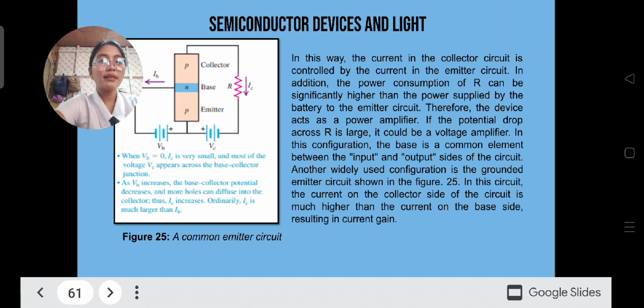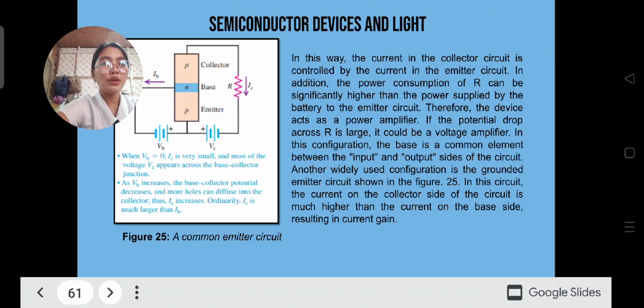Therefore, the device acts as a power amplifier. If the potential drop across R is large, it could be a voltage amplifier. In this configuration, the base is a common element between the input and output sides of the circuit.